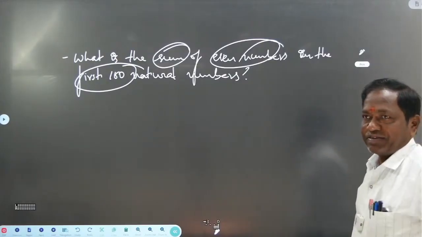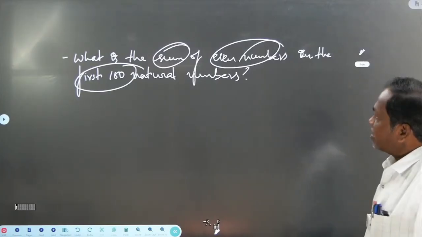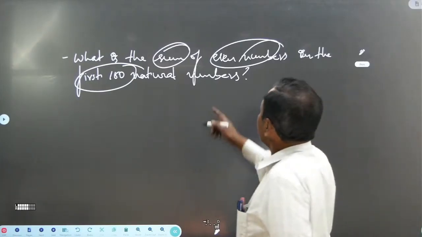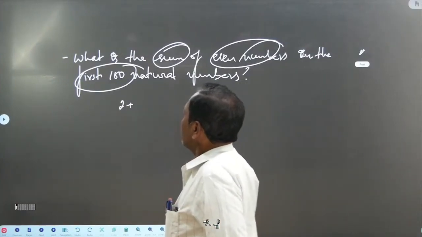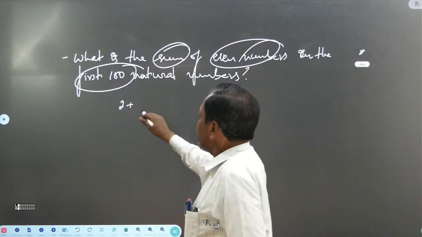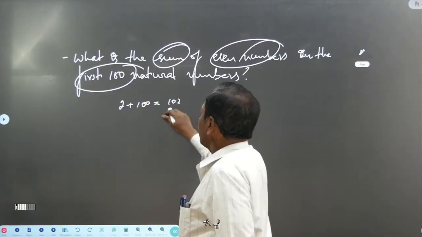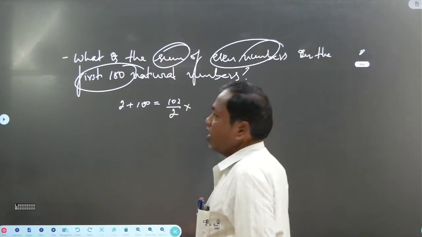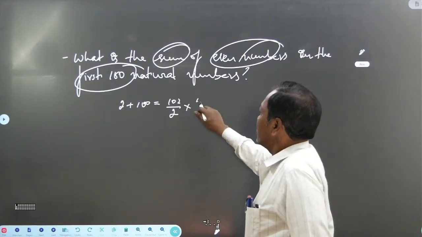Because it is an offline paper. Okay, sum, even numbers, first 100 natural numbers, right? So it is asking for the sum. Sum is equal to average into the number of observations. 2 plus 100, 102 by 2 will give the average, into how many even numbers will be in the first 100 natural numbers? 50.